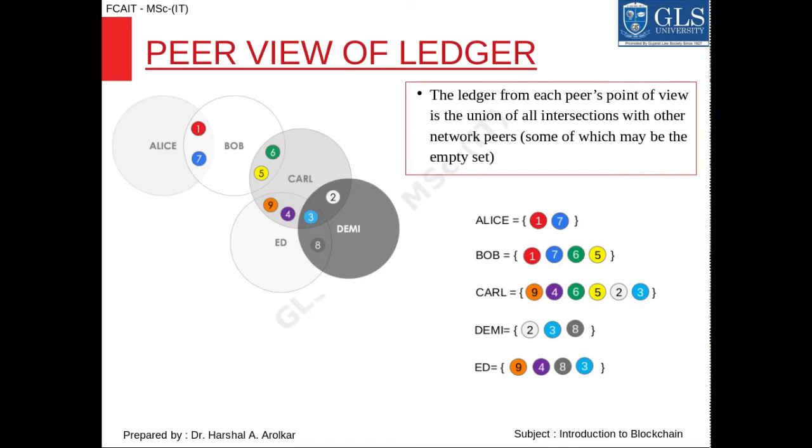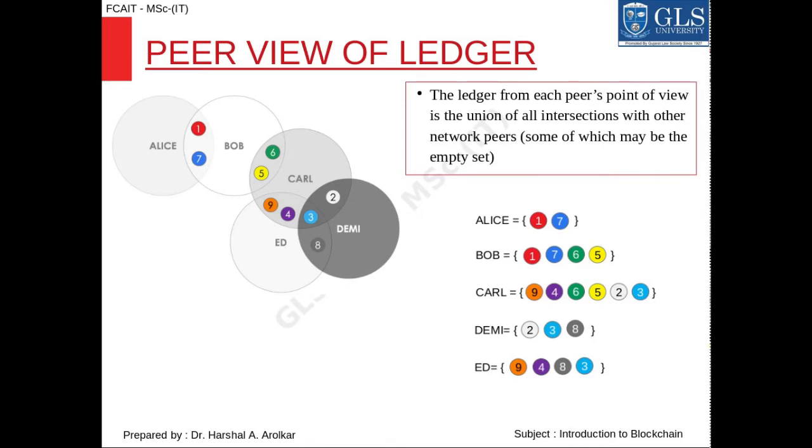Now, when only Alice and Bob are part of these transactions, no other entities would have that data. So, if Carl had not done any transaction with Bob, Bob would have only 1 and 7. But now, as Carl has done transactions with Bob, we have 6 and 5 for Carl and Bob.